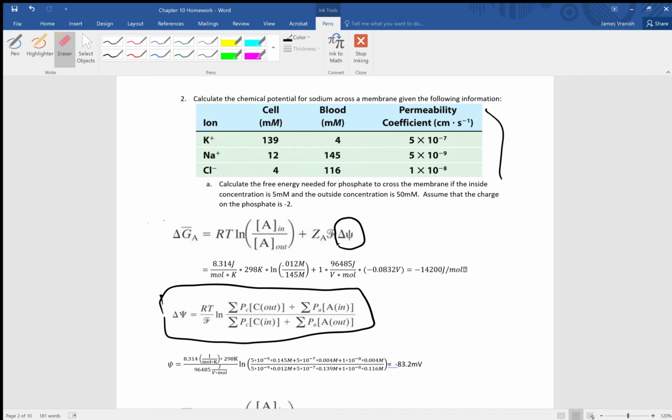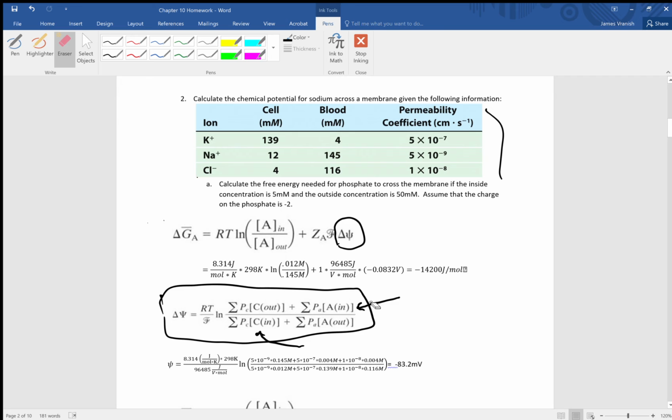The C's in brackets are the concentrations of the cations, either inside the cell, these concentrations up here, or outside the cell in the blood. The A's in brackets are the concentrations of the anions. We only have one anion to be concerned with here, the chloride, so we'd include its concentration either inside or outside the cell.